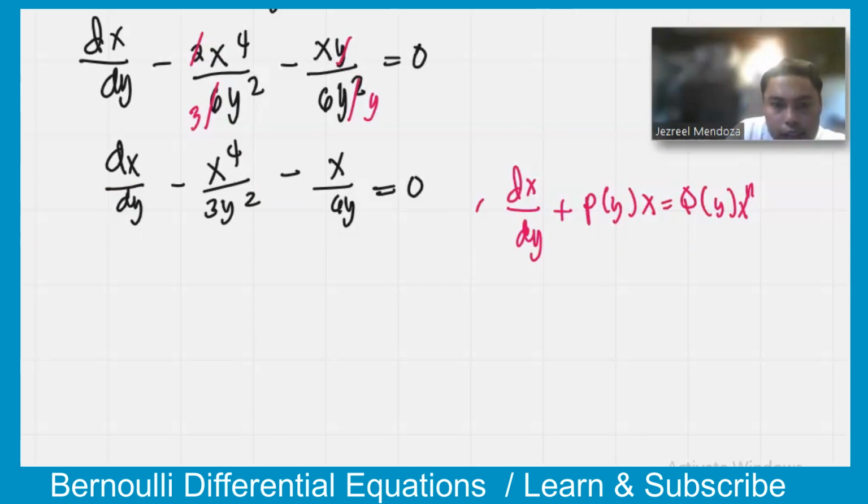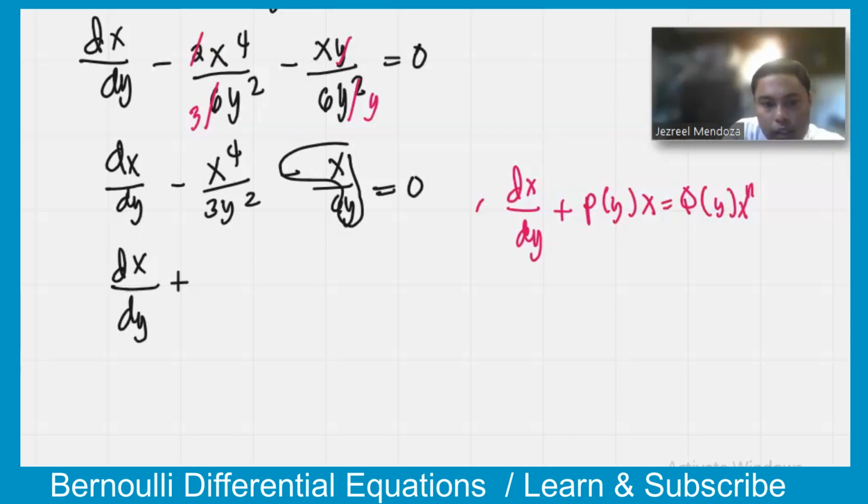So we have dx over dy plus p of y, which is negative 1 over 6y, times x, equals q of y.